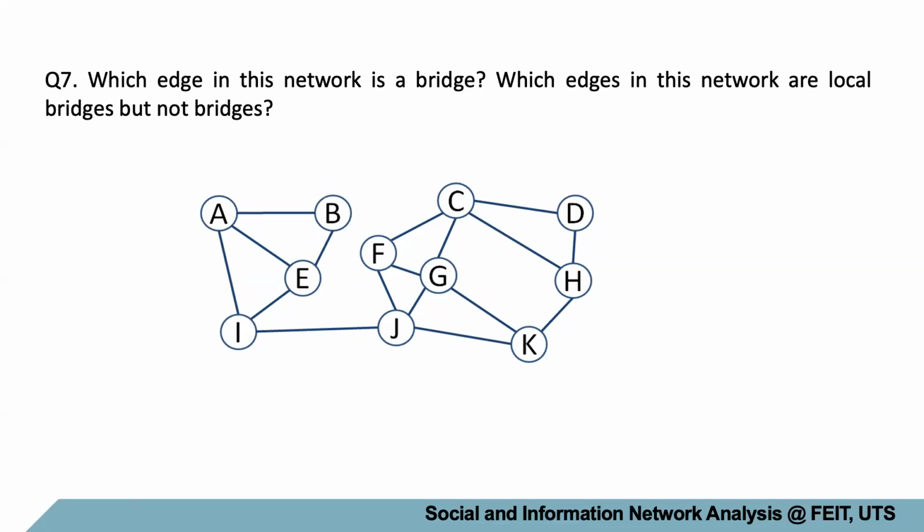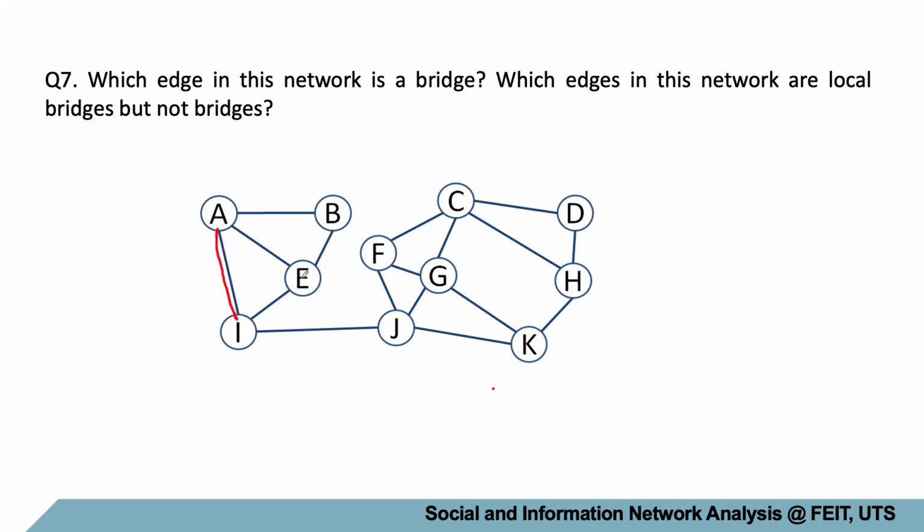So what about which edges in this network are local bridges but not bridges? According to the definition, we can check for each edge if it satisfies the definition. Like for edge AI, they need to have no common friend, right?